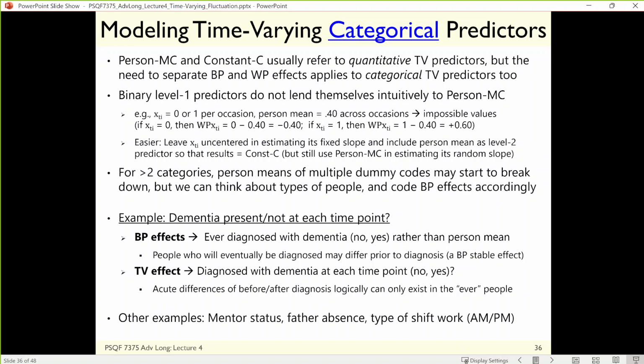For something like that, if you're going to use a person mean, you don't necessarily have to assume it has a linear effect. Let's say I have a 5-day study. The only possible values for a person mean of a binary variable would be 0, 0.2, 0.4, 0.6, 0.8. You don't have to draw a linear slope through that. You can treat that as a categorical variable to look at whether there's a big jump from going from 0 to something, and maybe a lesser jump amongst the 0.2, 0.4, 0.6.